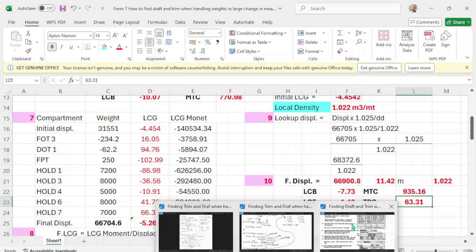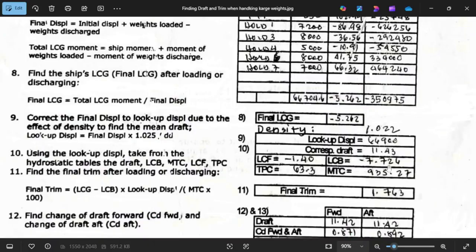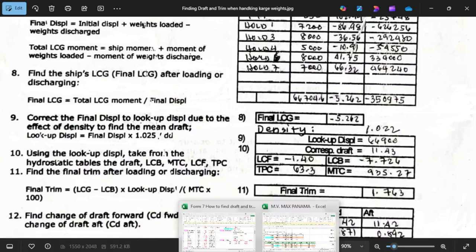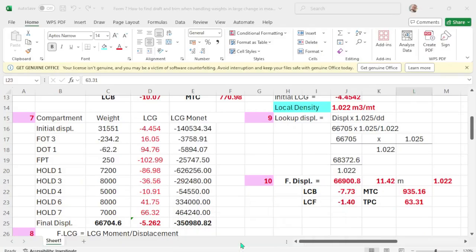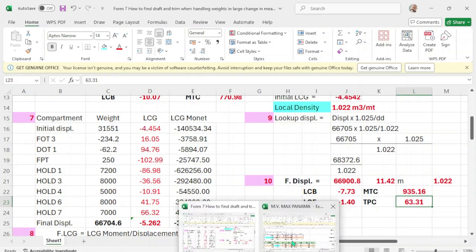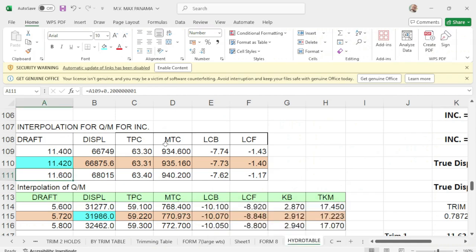Then MTC is 935.27, but I put here 935.16. Okay, just put it like this.